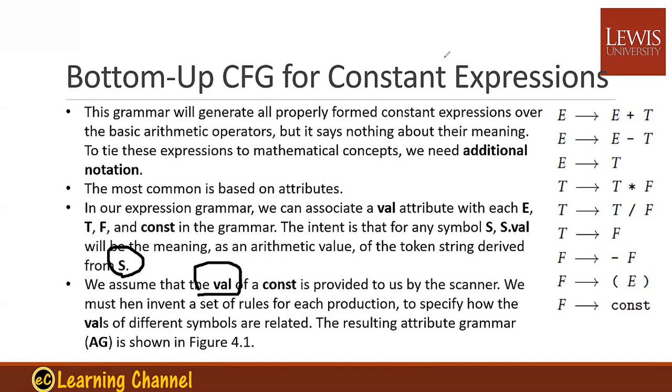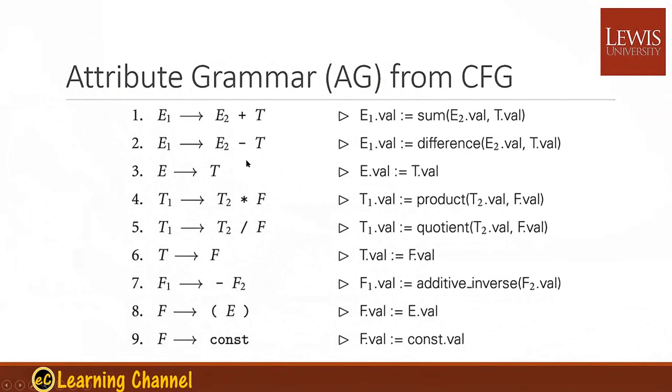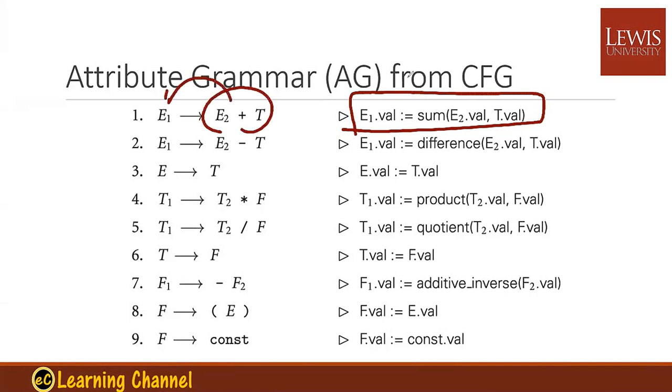So this thing can be written in attribute grammar like the next one. So left-hand side is the grammar we have. Right-hand side is the attribute grammar. So each rule is associated with the evaluation function. So right-hand side result evaluates to left-hand side.